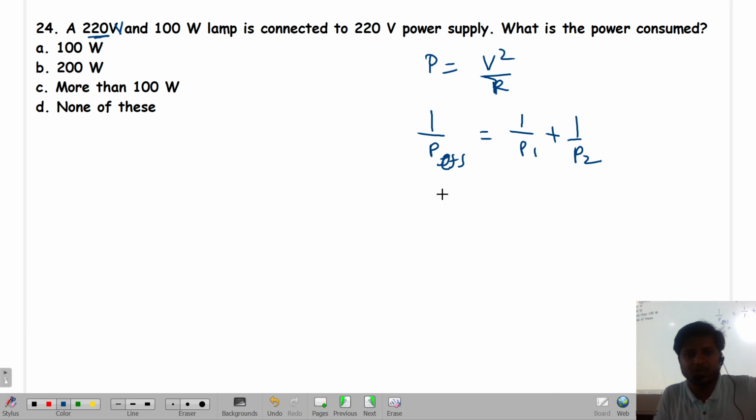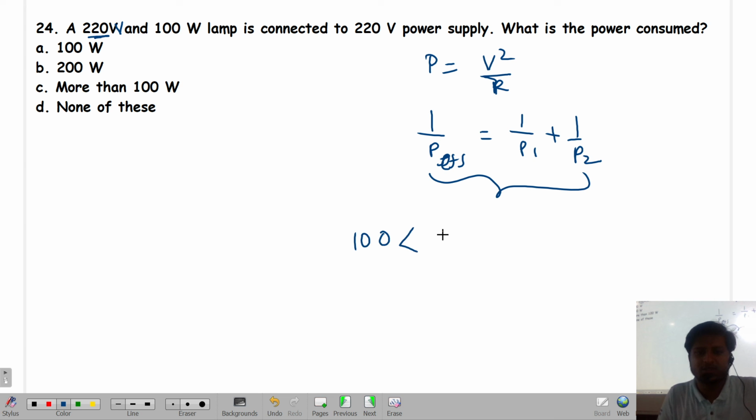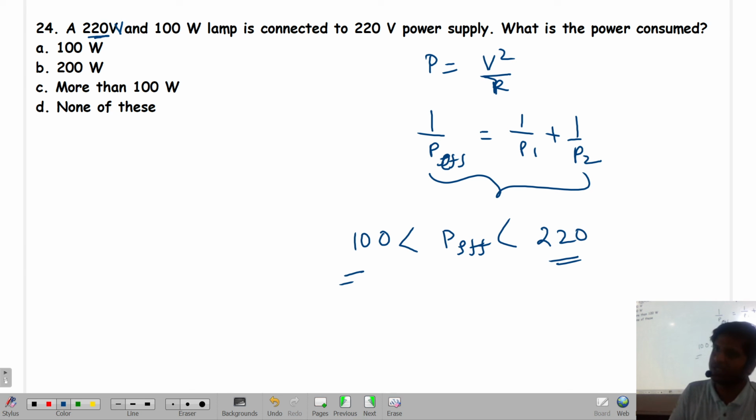This P effective lies between the lowest, that is 100, and it should be less than 220. Got it or not? Whenever you take the parallel connection, the range is like this. R effective or R parallel will be more than R1, less than R2. Understood or not? So it will be more than 100. So 24 is option C.